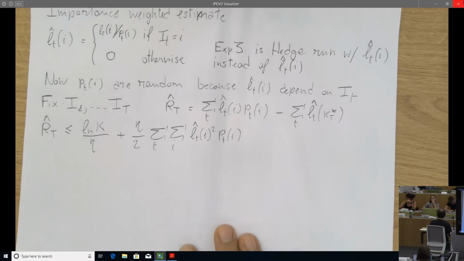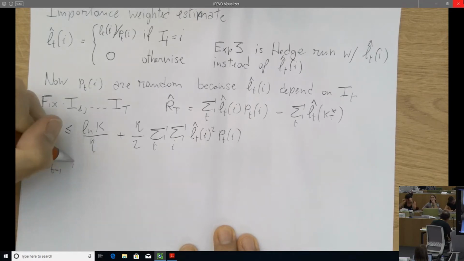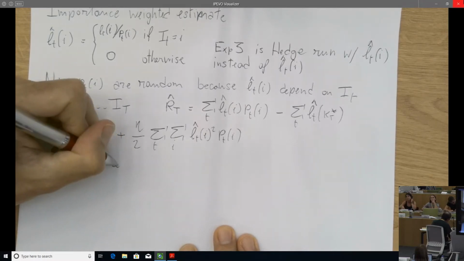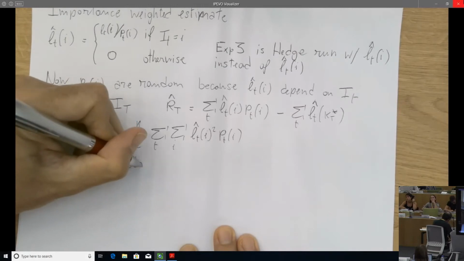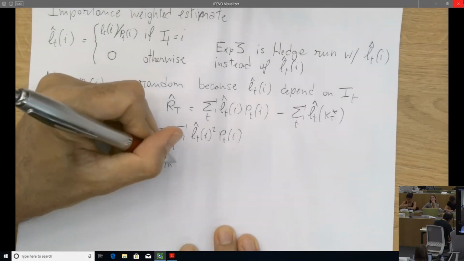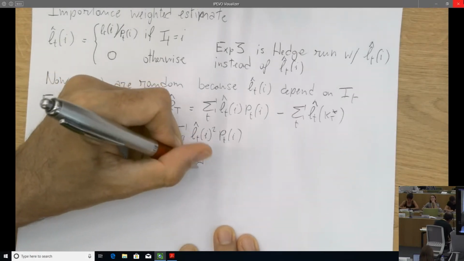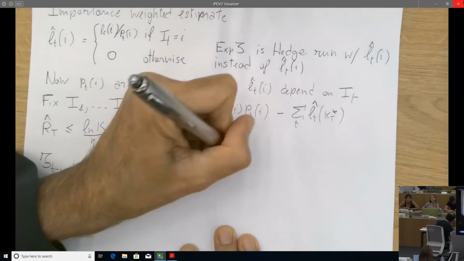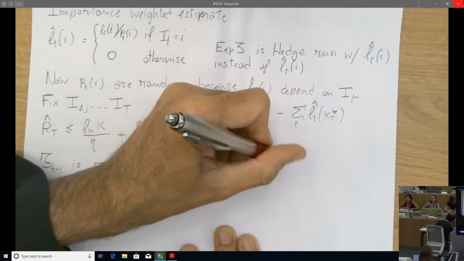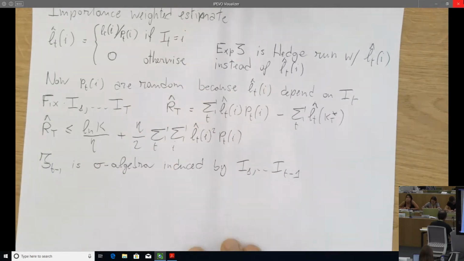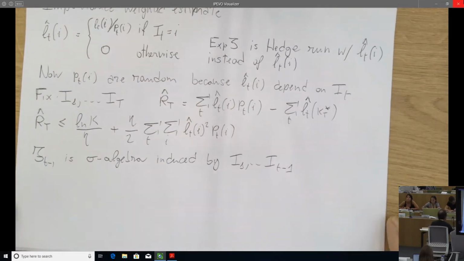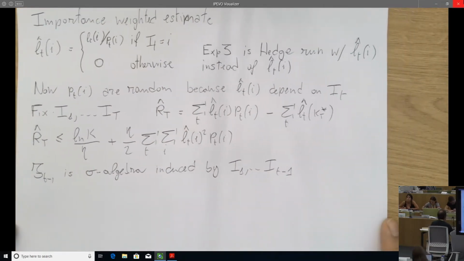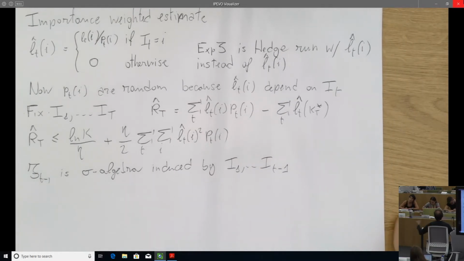In order to do that, let me define F_{t-1} as the sigma algebra induced by I_1 to I_{t-1}. So this is the sigma algebra of all the random choices made by the algorithm up to time t-1.